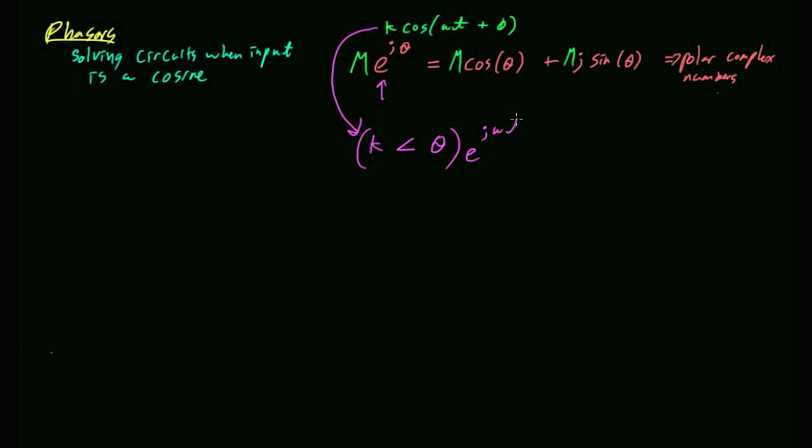This part here is the phasor. The phasor tells you the amplitude and the phase of your cosine, how much you have of a cosine at frequency omega. Are we cool?